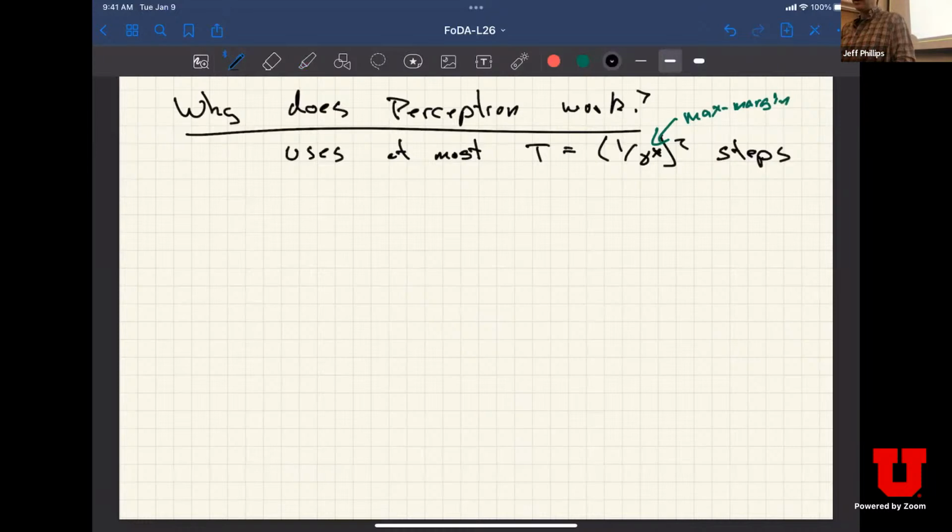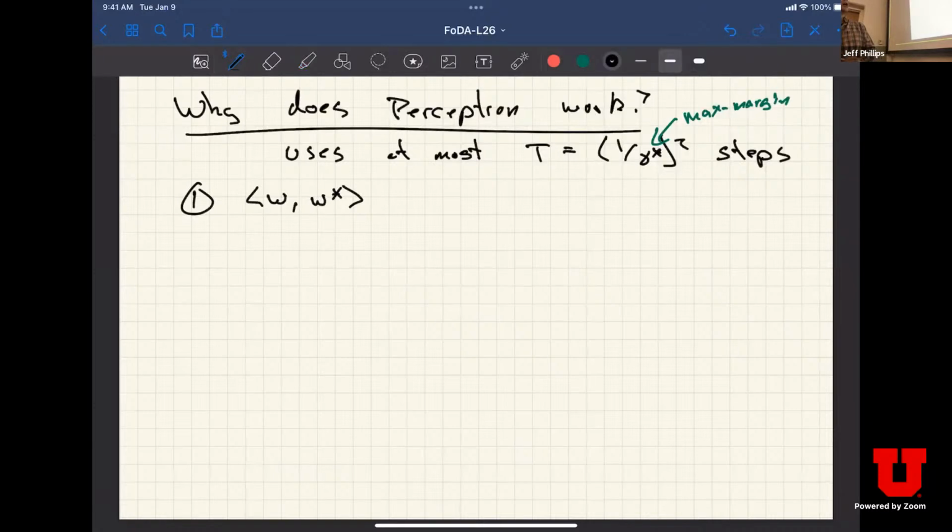So in order to bound this, we're going to consider there are basically three steps. The first two steps are we're going to bound two quantities. First quantity we're going to bound is W dot W star. So this is the length of the normal we found projected onto the max margin. Okay, right?